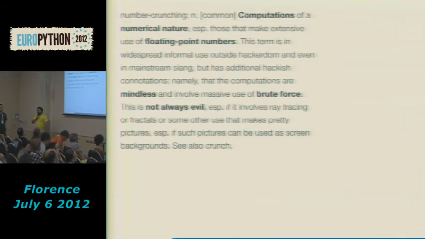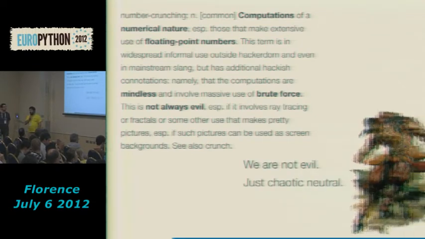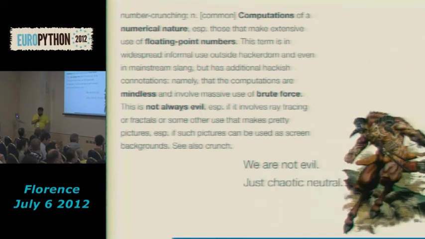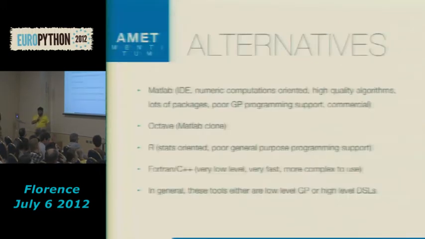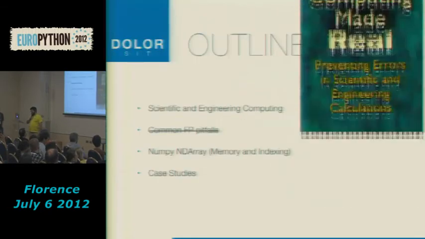Well, perhaps nowadays with huge data sets that are so relevant for all kinds of businesses, we have to accept that brute force does not mean mindless, and that number crunching has nothing to do with being mindless and brute force. So we declare we are not evil, we are chaotic neutral.